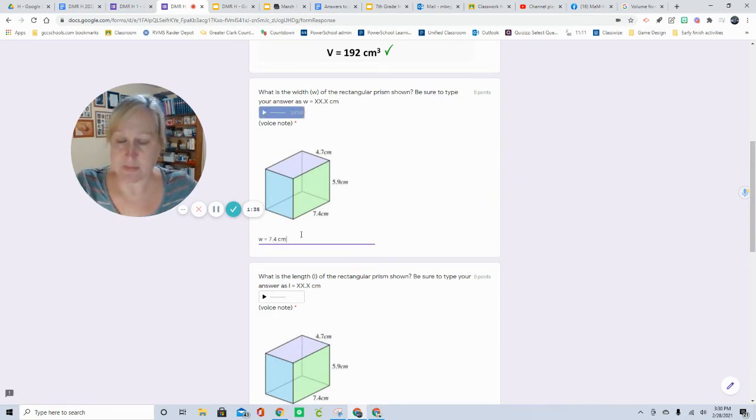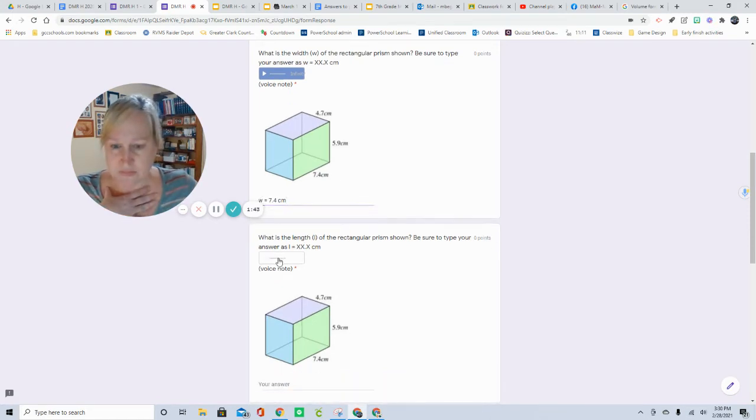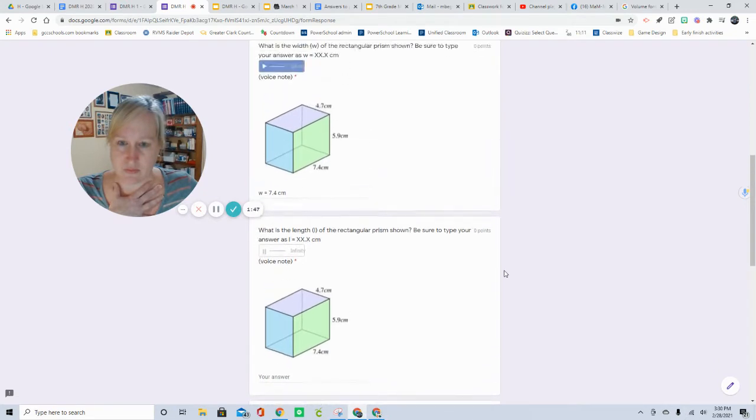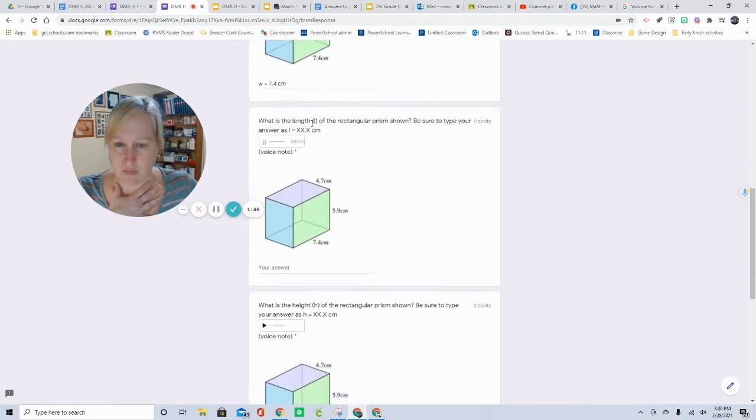So I've done that. I'm choosing 7.4 as the width. That could also be the width. This is usually the height, but whichever. This question is asking you, what is the length of the rectangular prism shown? So you need to choose one of the different sides. So which side is the length?